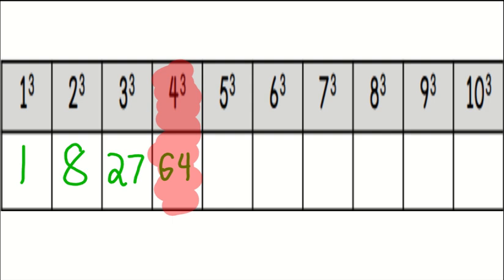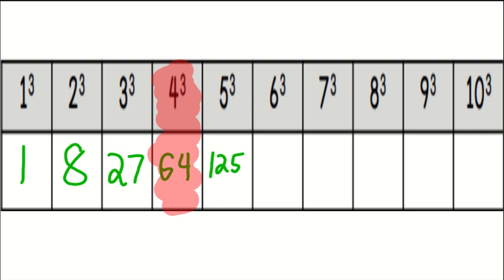All right, who can give me 5 to the third power? Connor? Nope. Keller? 125. 5 times 5 is 25. 25 times 5 is 125. Like if you had 5 quarters, that'd be $1.25.